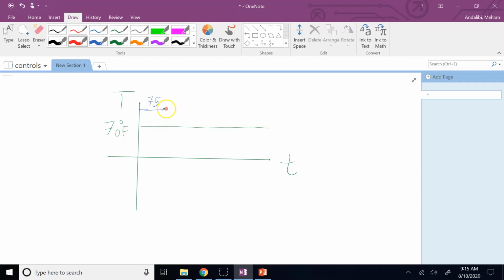But since there is a delay, as time goes, this temperature comes down to 70 degrees, right? So here is when the AC goes on. Here is AC off. So it goes to 70, but the sensors are not transmitting their numbers, and the controller is not sending the control signal to the plant immediately, right?